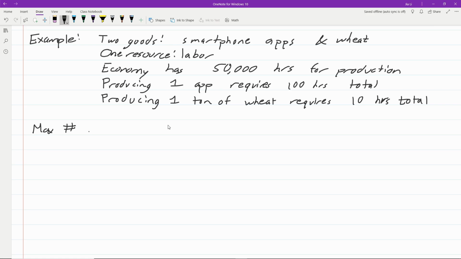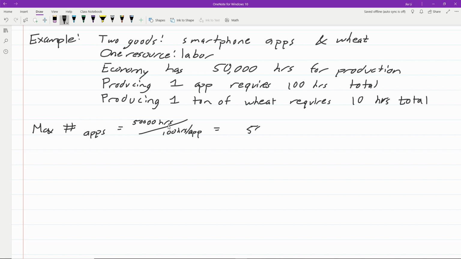So the max number of apps we can produce would be the 50,000 hours we have in total, divided by the 100 hours it takes to make each app, right?